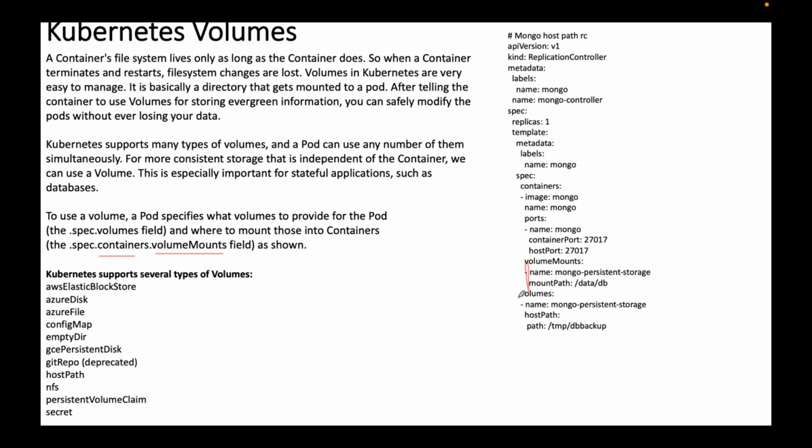So I am attaching a volume to the pod, then I am mounting that volume to my container using volume mounts. As I already told, if I have multiple containers, if required, can I mount the same volume to another container in the same pod? Yes.